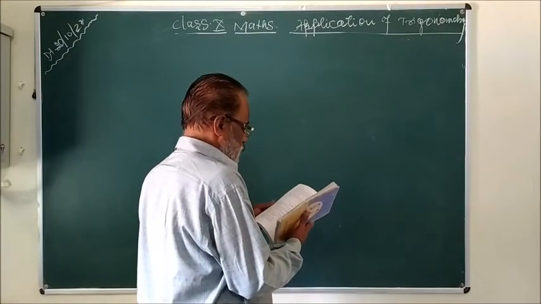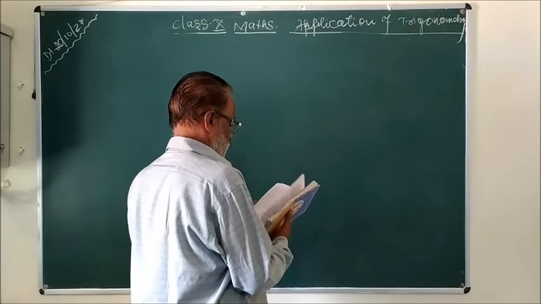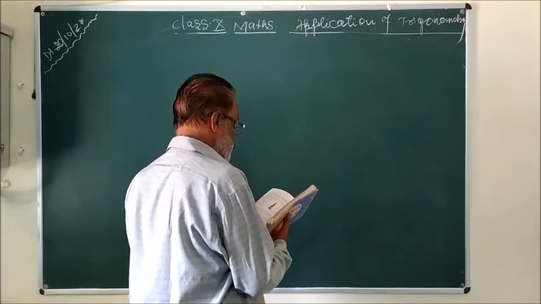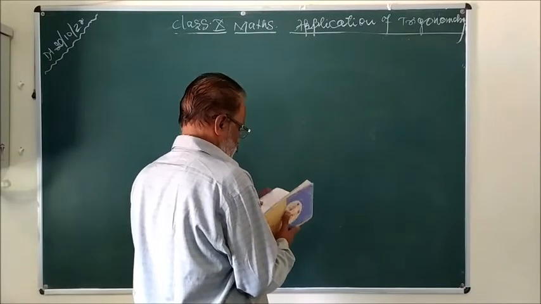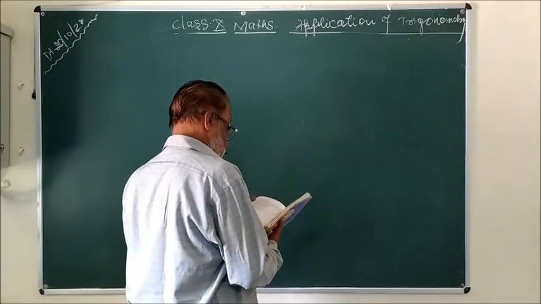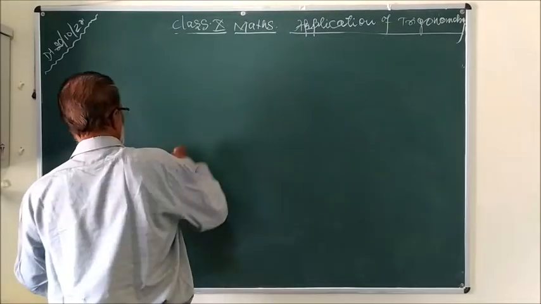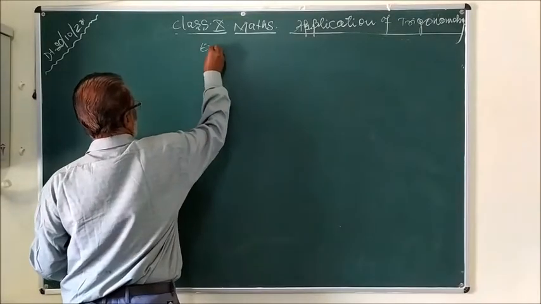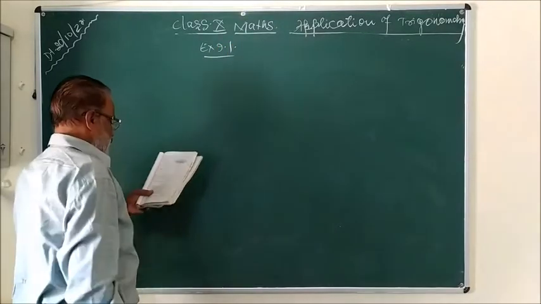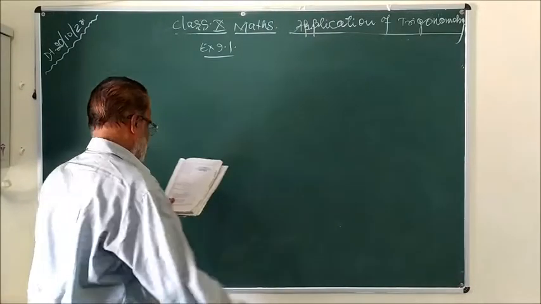So I would like to solve one question and then you will see. Open your book, exercise 9.1, page number 203. It is very interesting, and if you take interest, I am sure you can complete this question today.